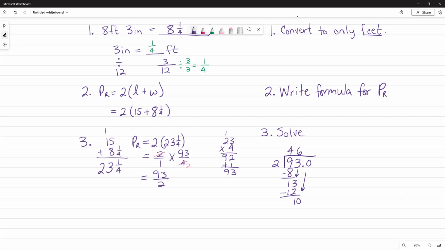So technically I could probably leave it as a fraction. Either way, you leave it a fraction and you get 1/2, or you convert it to a decimal and you get 0.5. Same thing, but no remainder. So that means that the perimeter of this rectangle is 46.5 feet.